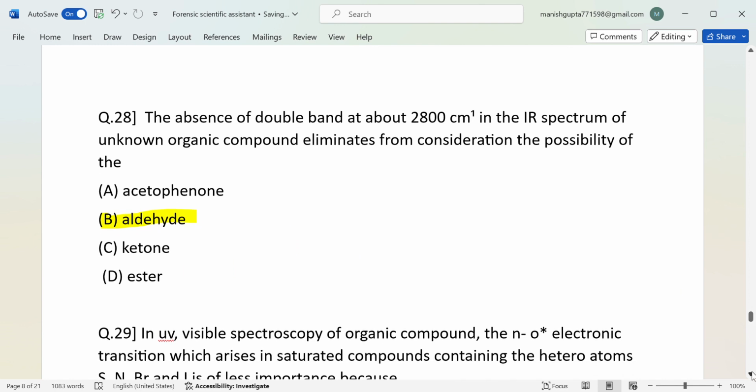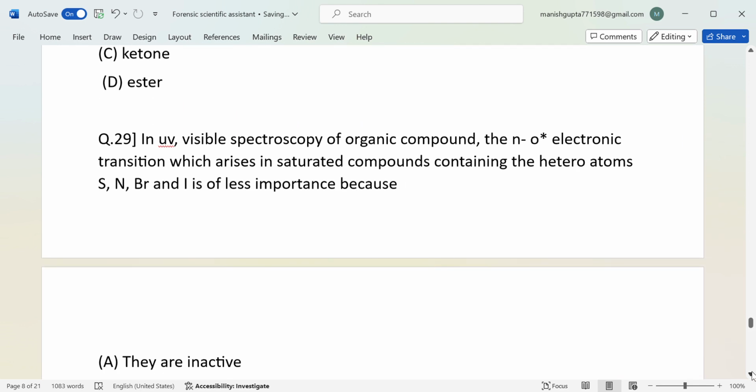Now we are going to see question number 29. In UV visible spectroscopy of organic compounds, the n to pi star, guys, this is not pi, sorry, it is sigma star. Sorry, there is a mistake in typing.